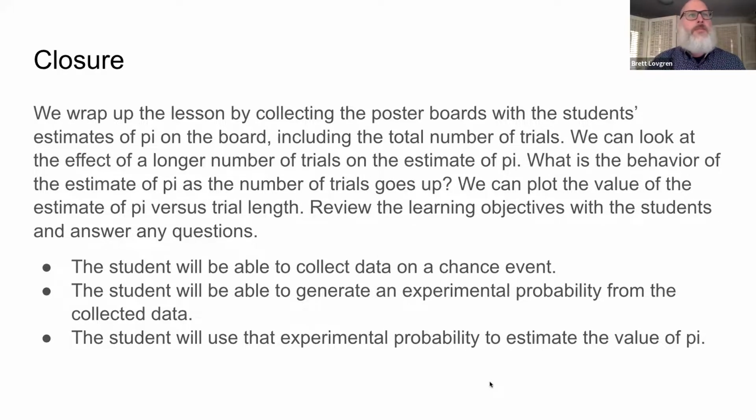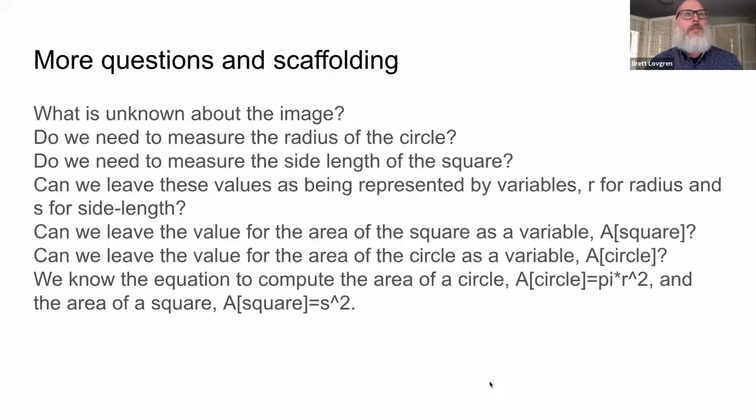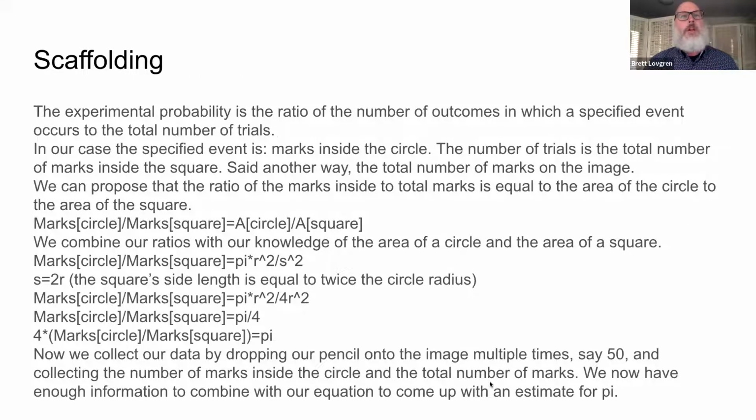Then over the course of multiple rounds of the lesson, I collected lots of questions that came up, and also looked at the scaffolding that you could do for the students who just needed more time to work through what we were doing, and maybe weren't familiar with the area of a circle and area of a square. It was lovely to go through the iterations of the lesson to collect the questions and the scaffolding.